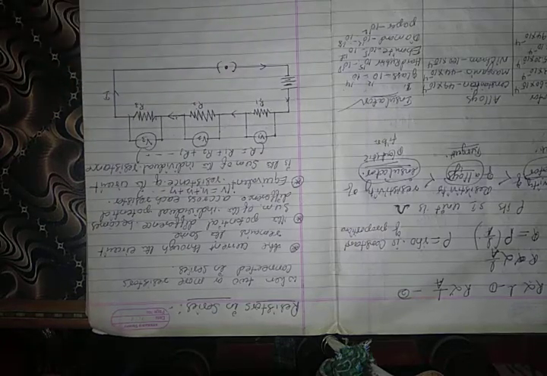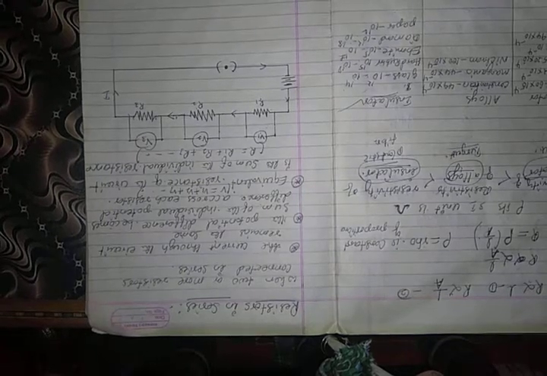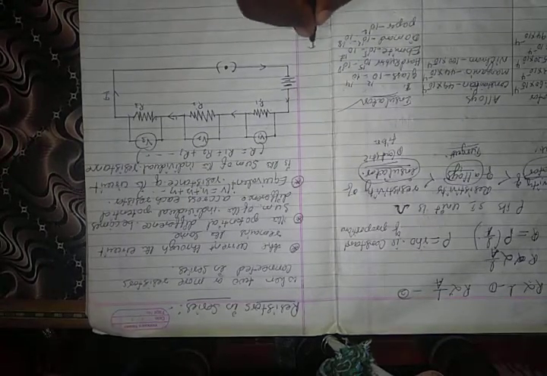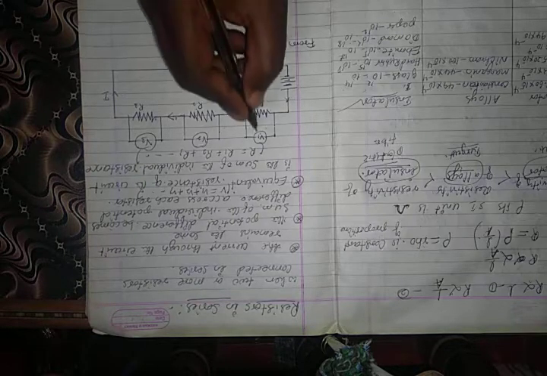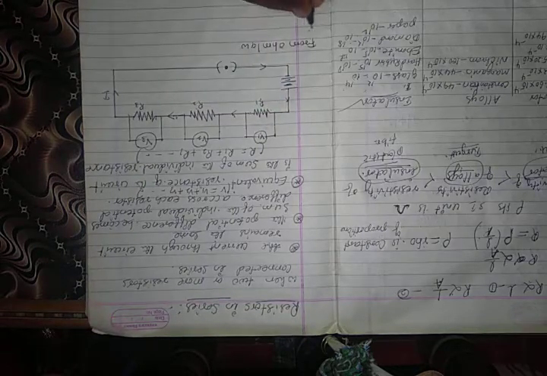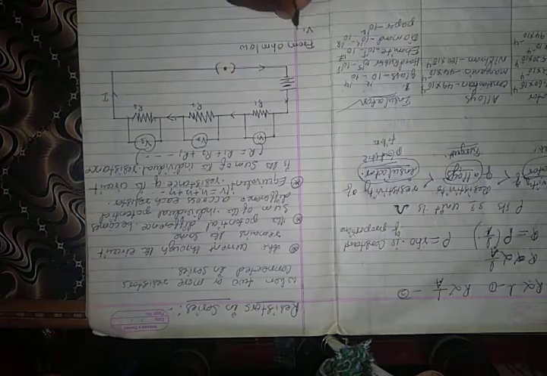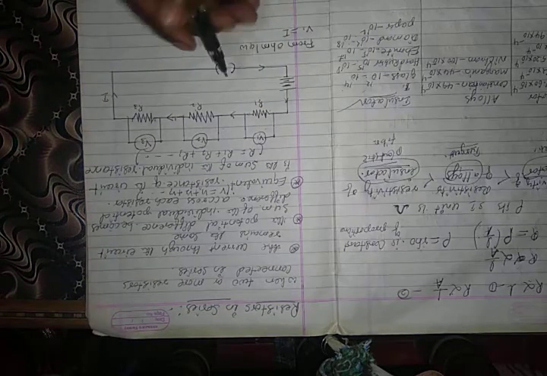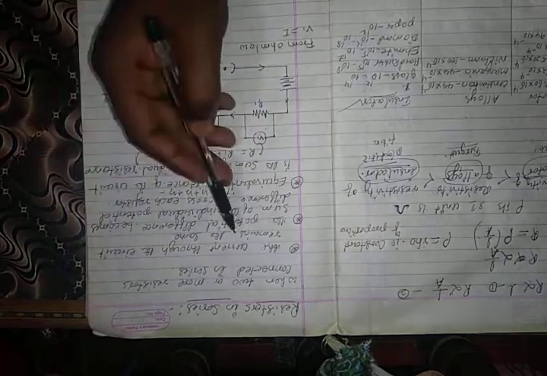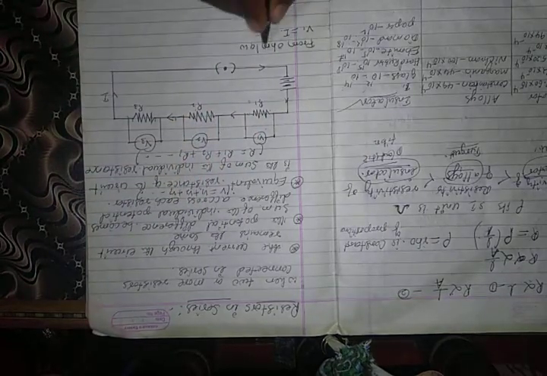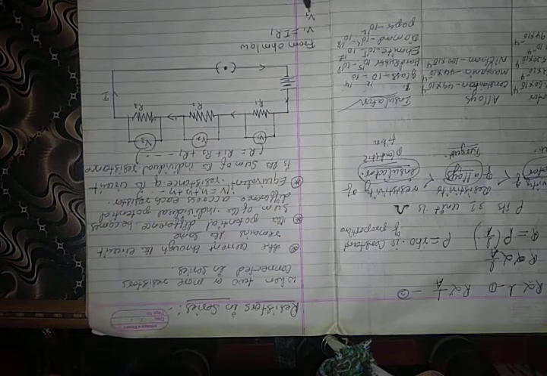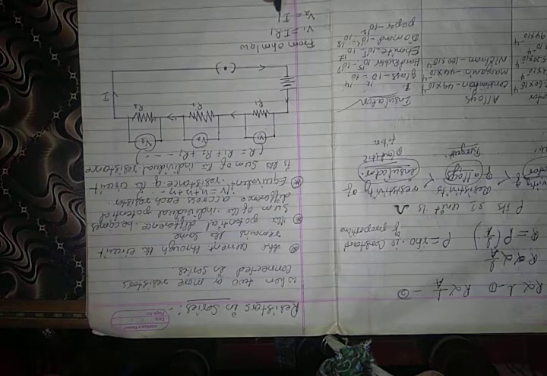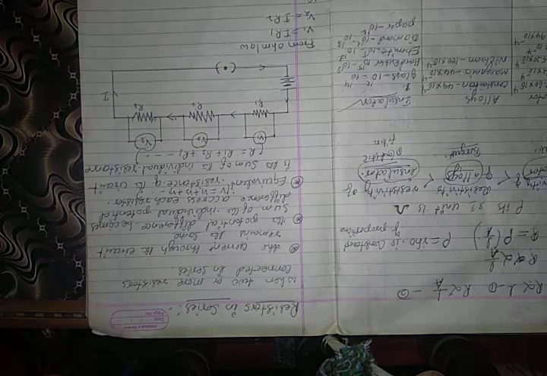This is the connection in series. From Ohm's law, V1 is equal to I into R1, because the current through the circuit remains the same. Similarly V2 is equal to I into R2, and V3 is equal to I into R3.